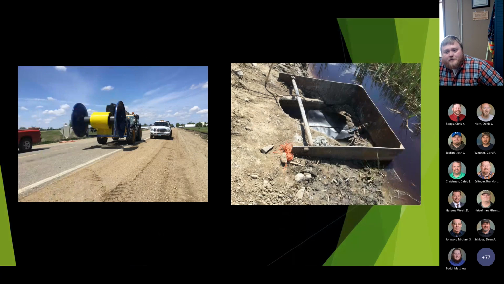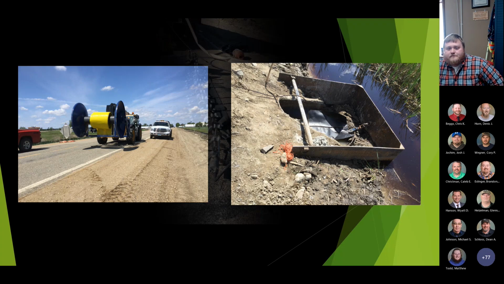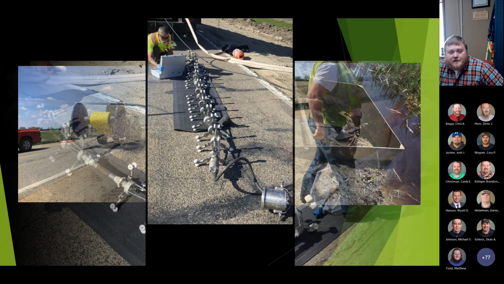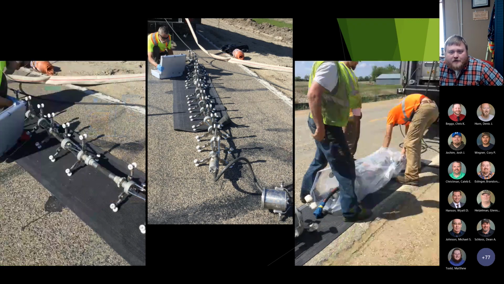So here's just a picture of the lining itself on the left. And then on the right, this was a box that they used to hook the cable to and winch the lining through the pipe. And here's a picture of them putting together that light train I talked about, the UV light that cures the liner in place.